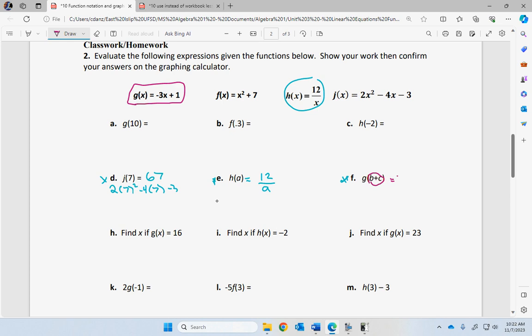I will write down -3, but in place of x, I'll put b plus c and then plus 1. Let's simplify this a bit. Let's distribute. I get -3b minus 3c plus 1. Still nothing else I can do. I'm done. So sometimes when you substitute in a variable, there's not much you can do to it.